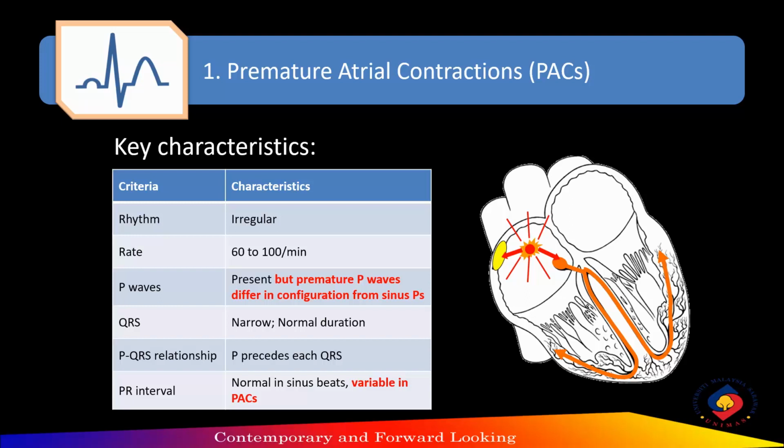The QRS complex in this case is expected to be narrow and within the normal duration of 0.12 seconds or less, as this impulse is depolarized from above the ventricles. QRS waves are only widened when the impulse originates from below, i.e. the ventricles. PR intervals would be normal in sinus beats, but may vary when it comes to the beat involving the PAC.